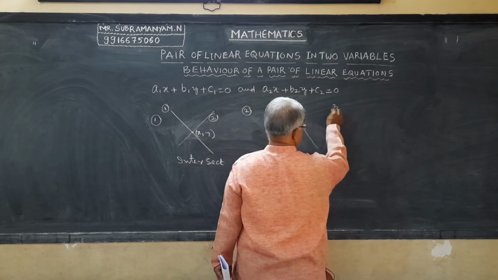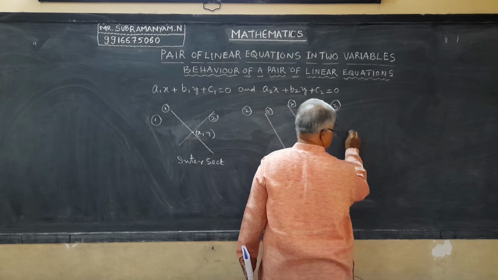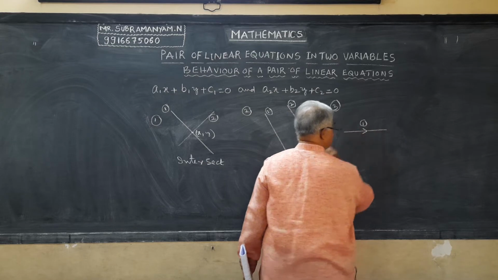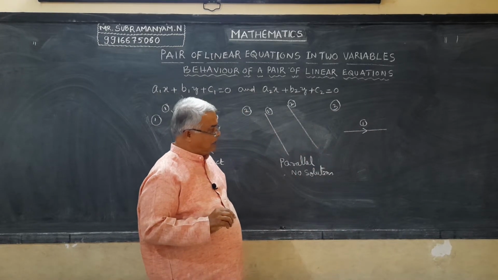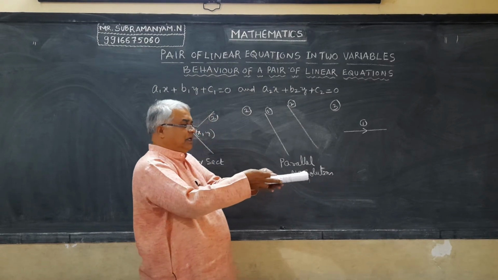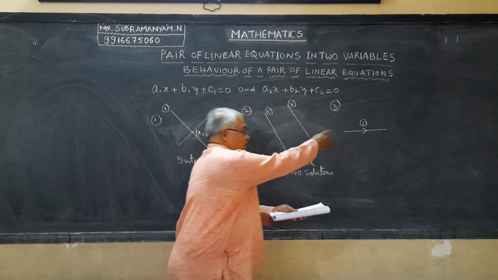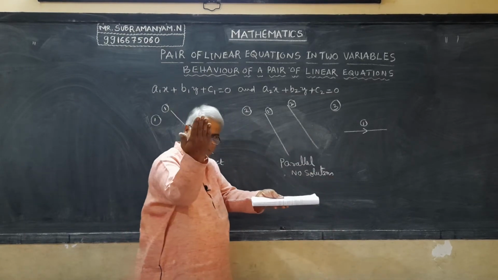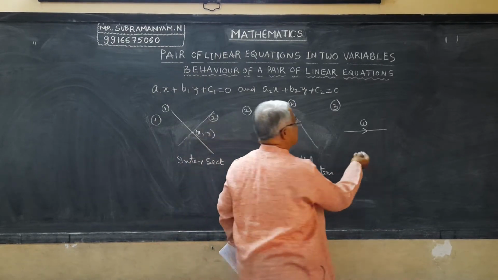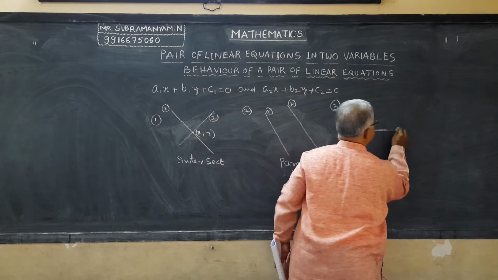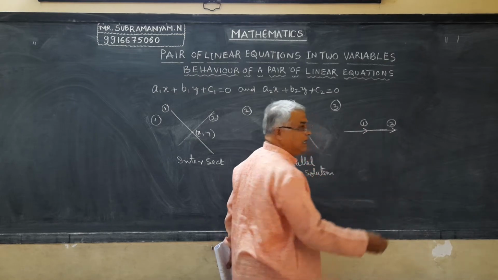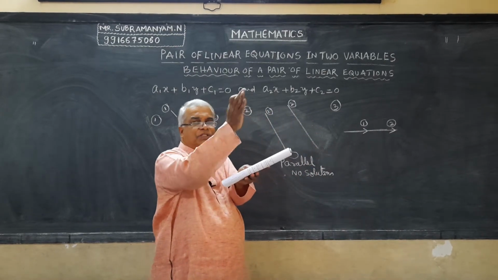Third variety. Observe this carefully. This is line 1. Now, line 2, this is the second line. Line 2 lies on this, so I will draw another line on this. This is line 2. So line 1 and line 2 are lying on each other.